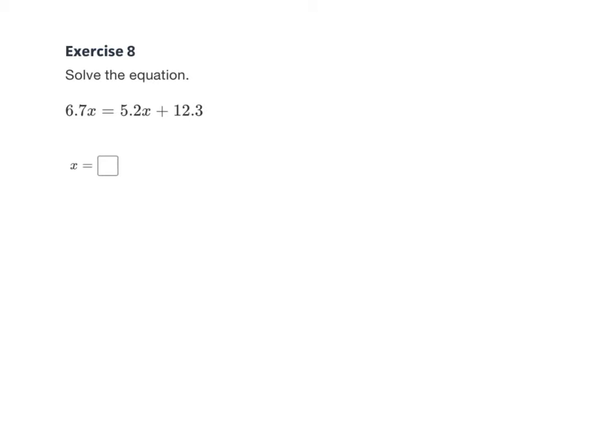Alright, one with decimals. Now I may have to do this longhand because I don't have a calculator on hand. But we've got 6.7x is equal to 5.2x plus 12.3. So I want to get my variables on the same side. So what I'm going to do is I'm going to get rid of this positive 5.2x.